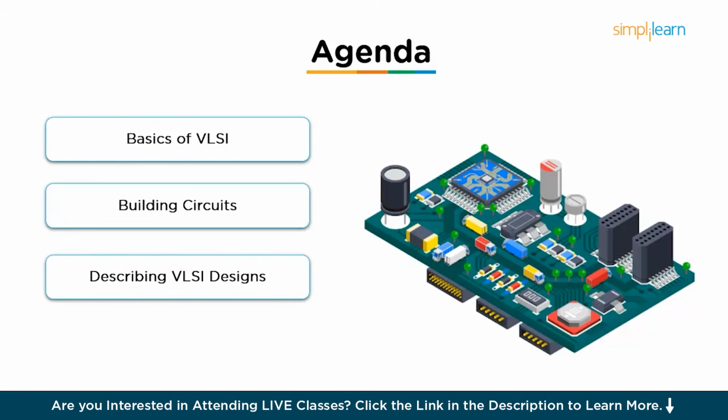In the third module, we will teach you how to describe VLSI designs using hardware description languages like Verilog. You will also learn how designs are tested virtually through simulations and how quick prototyping with FPGAs helps in validating designs before fabrication. In Module 4, the final module will take you through the process of turning VLSI designs into physical chips.